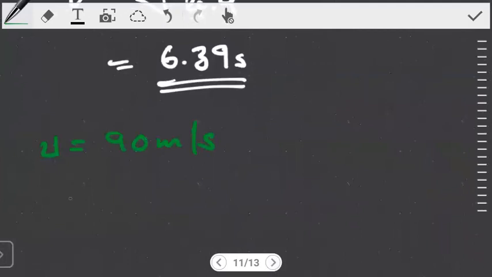Acceleration being 0, we want to find the distance x from point A to point B, given that the total time is still that 6.39 seconds. So again, I'm emphasizing the time it takes the projectile to fall vertically downwards to the ground will actually be the same time the projectile would take if it moved horizontally from point A to point B where it strikes the ground.